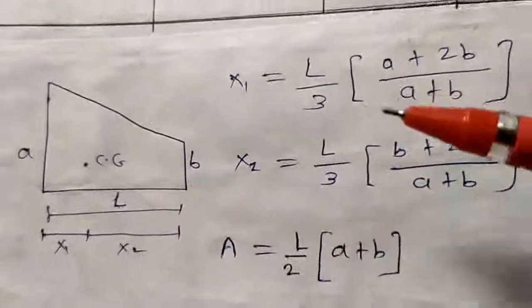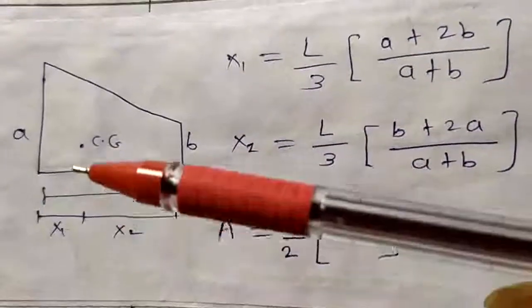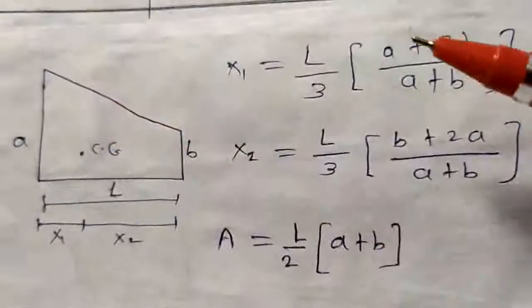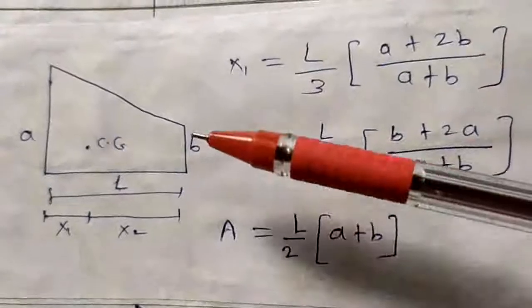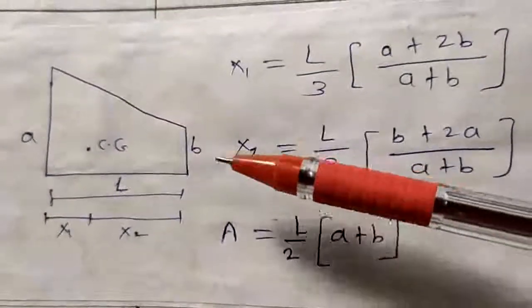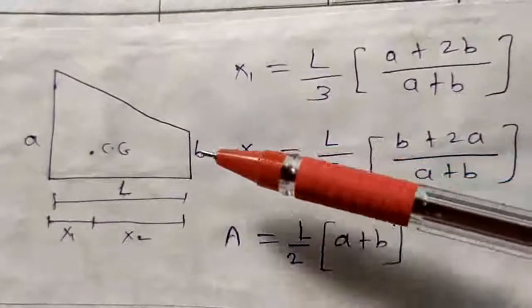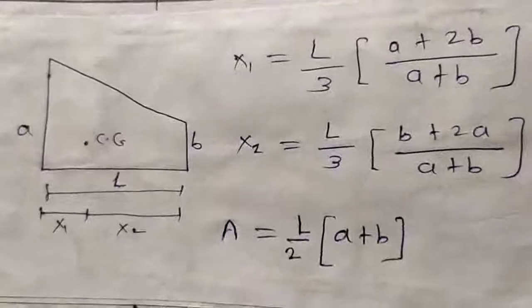You can keep in mind that to get x1, the centroid distance from the A side, first write A plus twice of the next. For x2, the centroid distance from the B side, first write B plus twice of the next. Likewise you can write the formula.